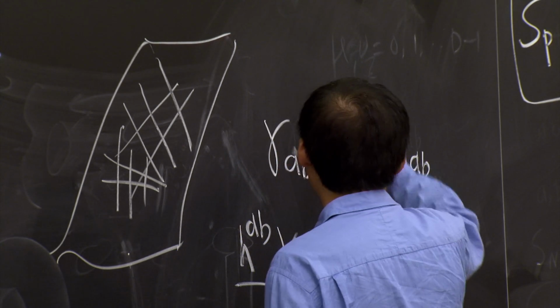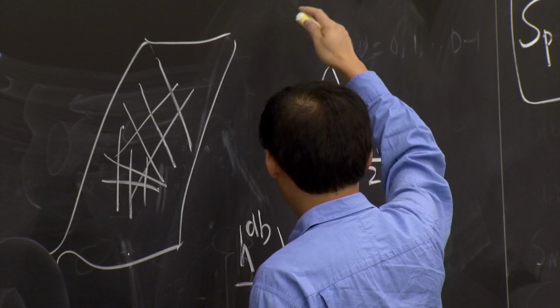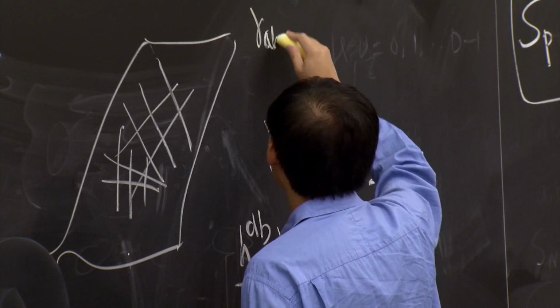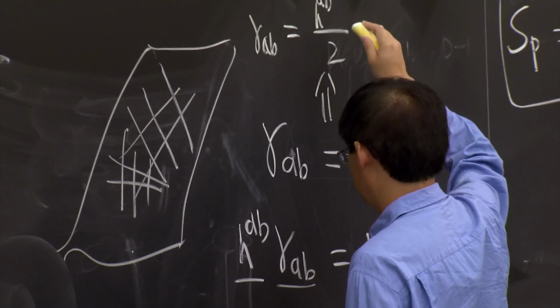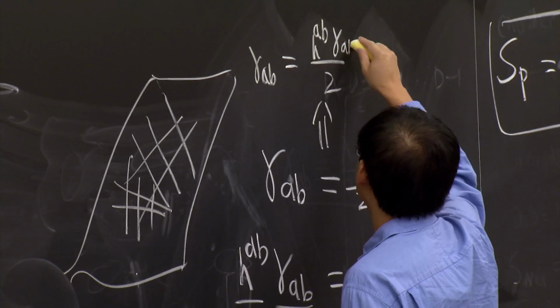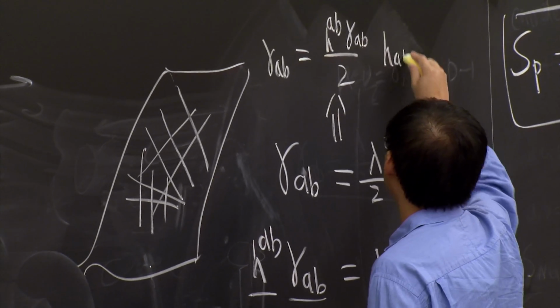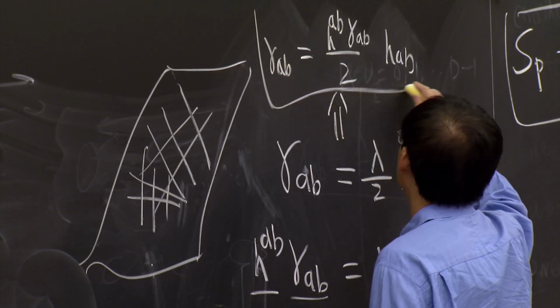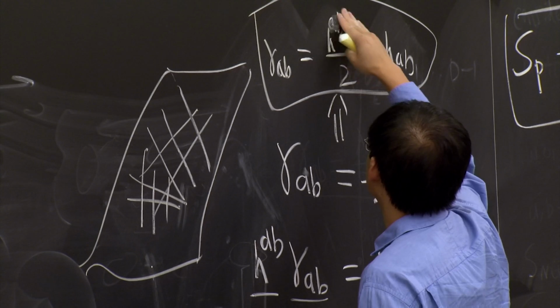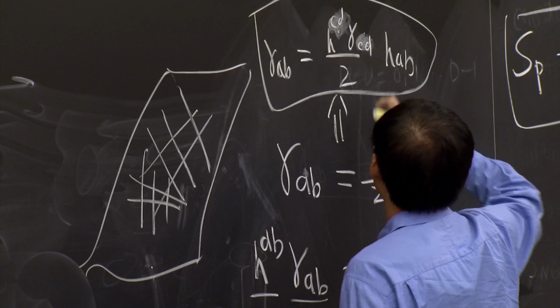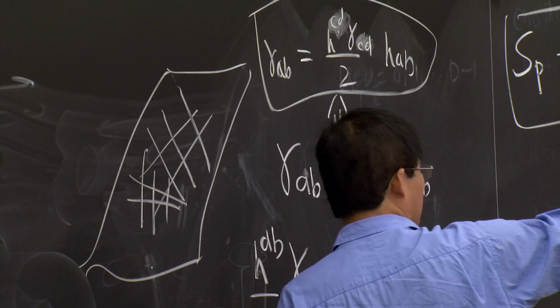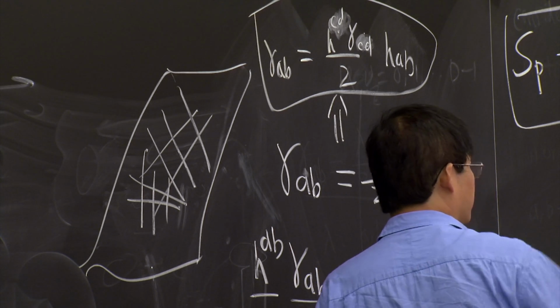And so this equation I can also write as gamma AB is equal to 1/2 HAB gamma CD HCD, which you can show is equivalent to that equation.